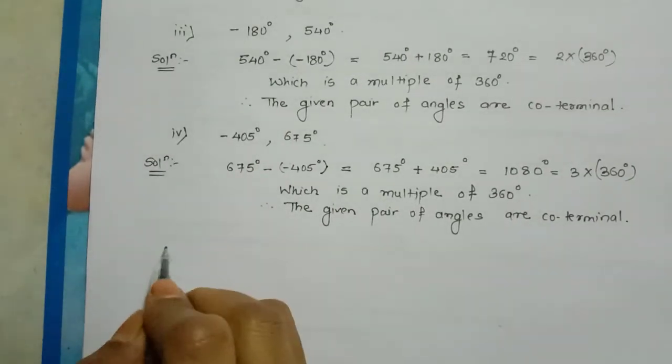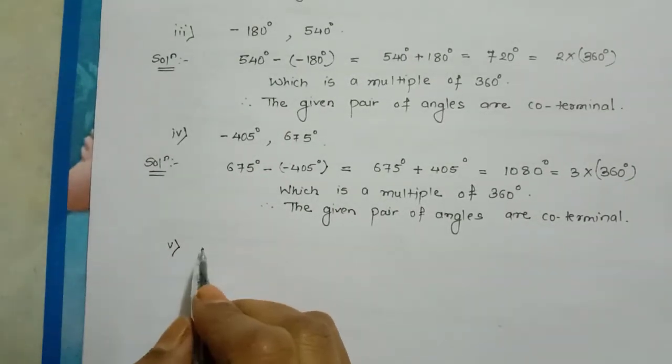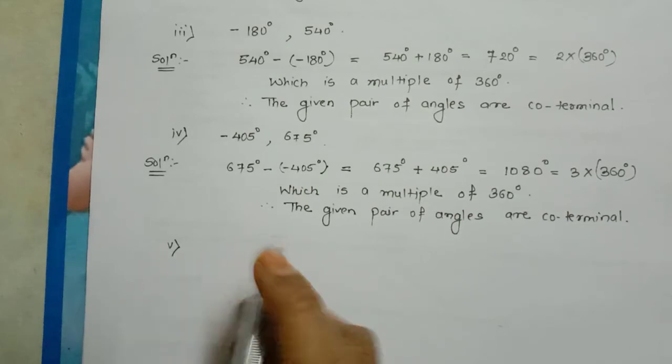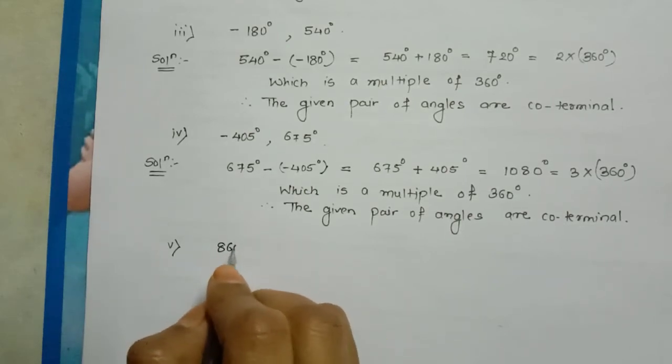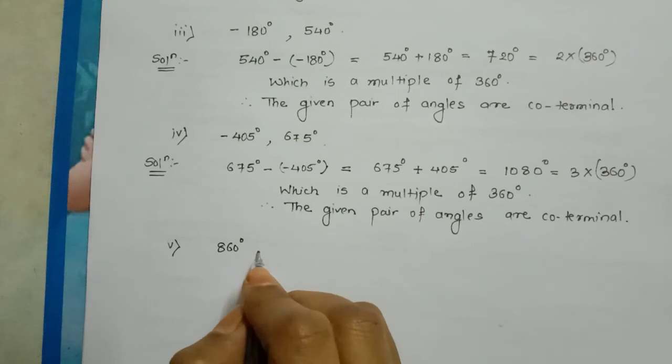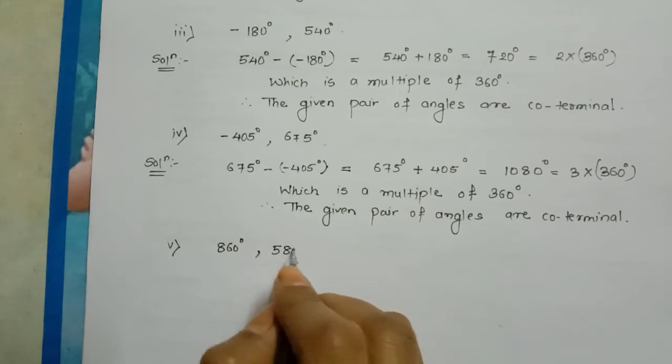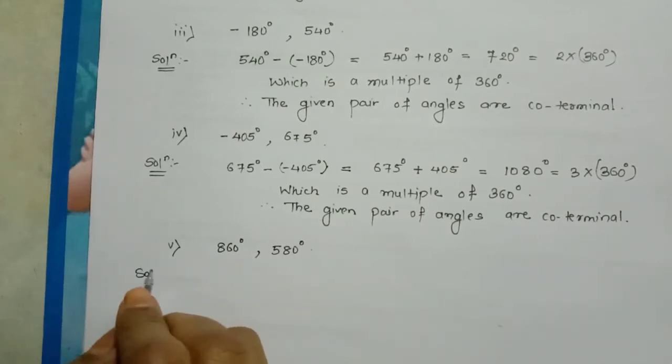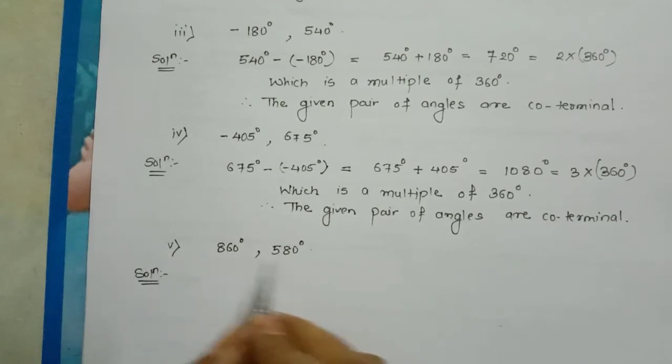Let's move to the fifth sum now. The pair of angles for this fifth sum are 860 degree and 580 degree. Again we'll check the difference of these two angles. Now we have both the angles in positive form.